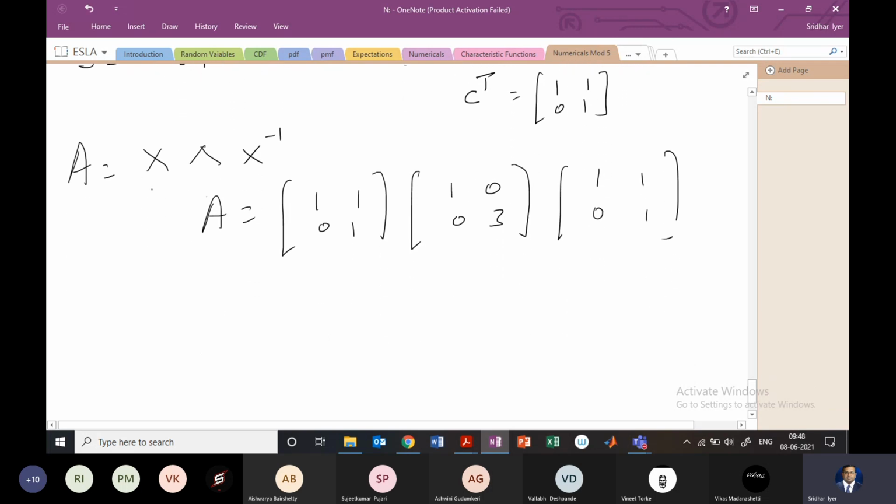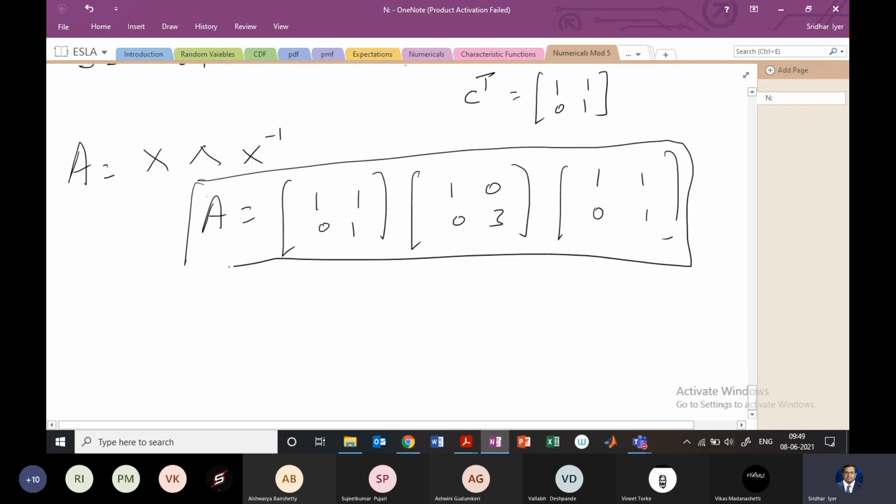Now there is a property, so this is our final result. If I need to find some power k of A, that is A square, A cube, A raised to 4 or something, then all I have to do is take this x here, have delta raised to that power, and x inverse.